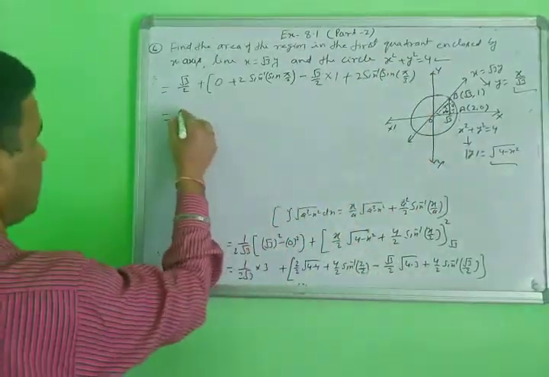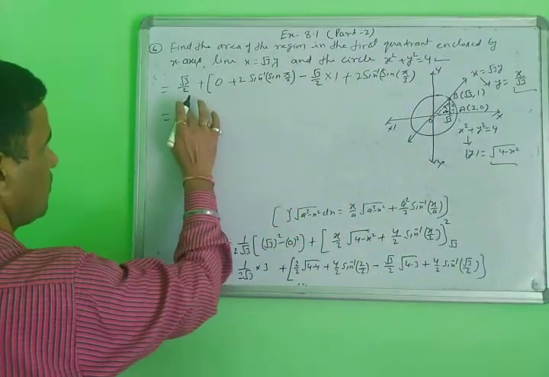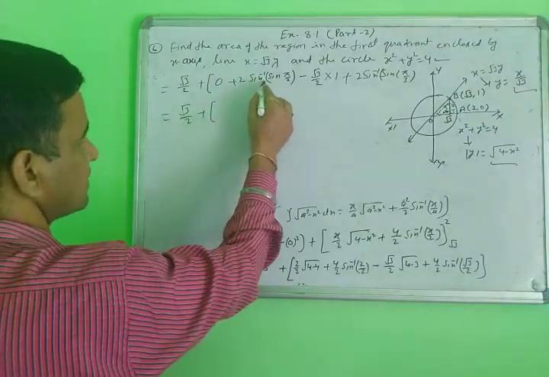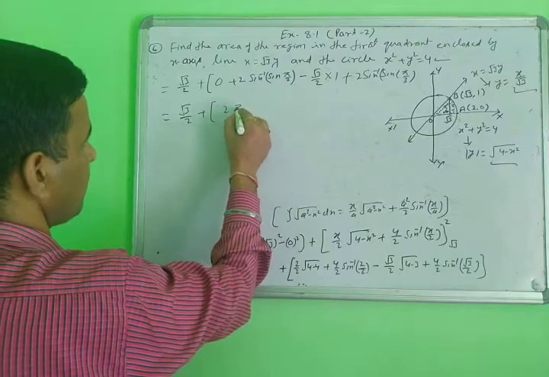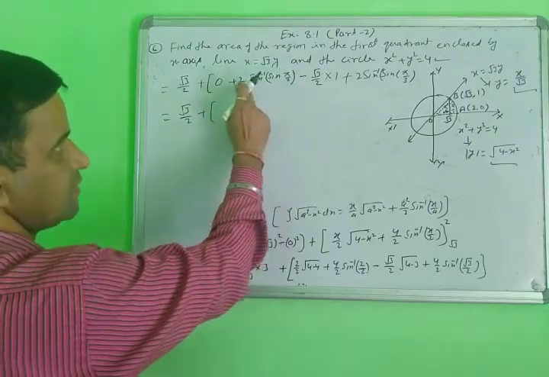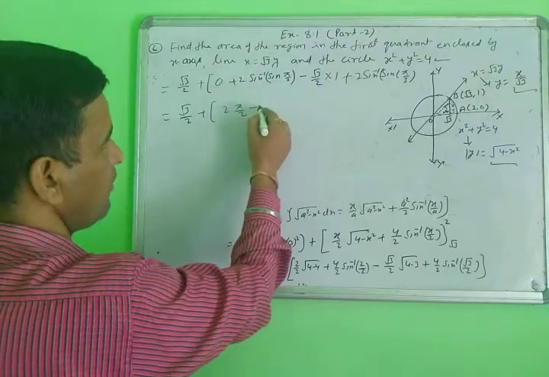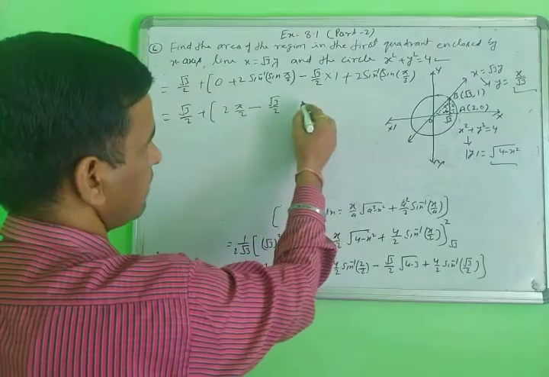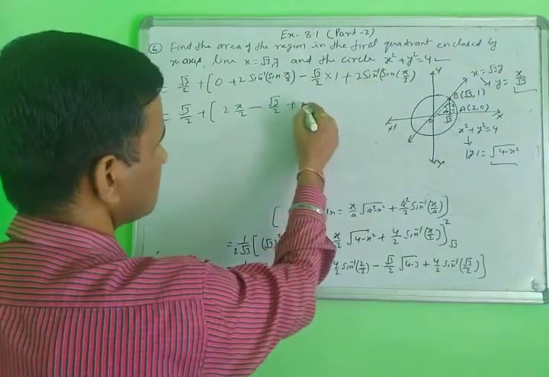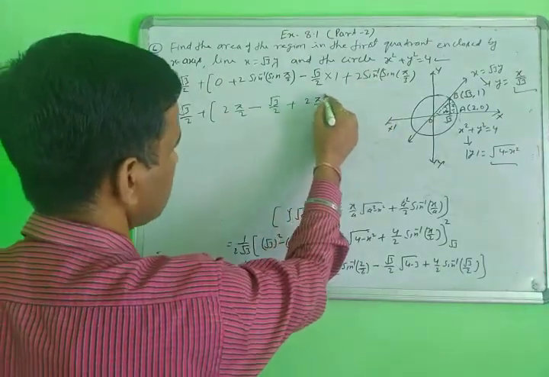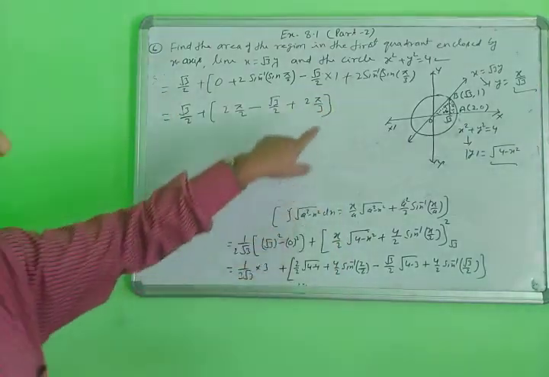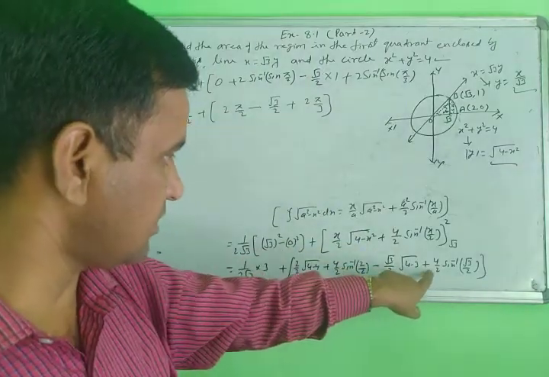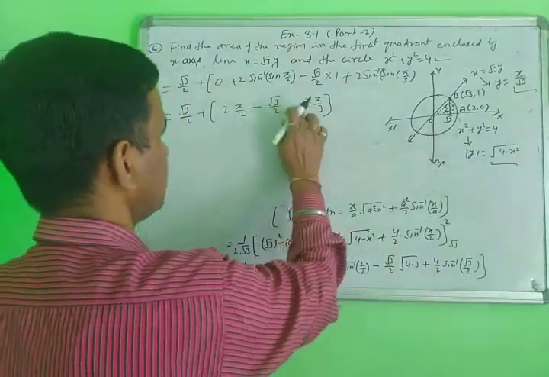So this is root 3 by 2 plus 2 pi by 2. Sin inverse and sin cancel. What is left here is 2 pi by 2 minus root 3 by 2, and since sin inverse sin cancels, plus 2 pi by 3 is left. Here there is a minus sign, not a plus sign.